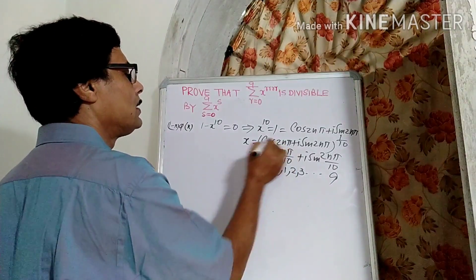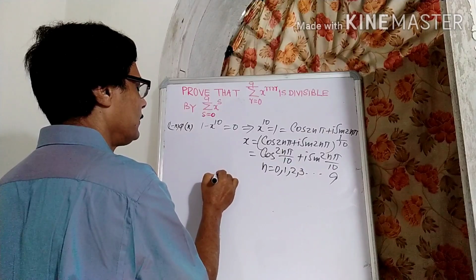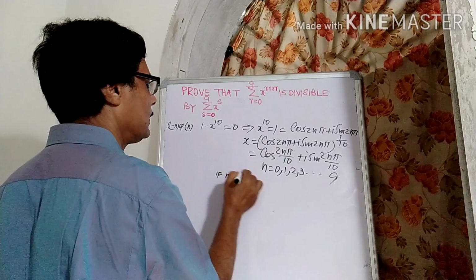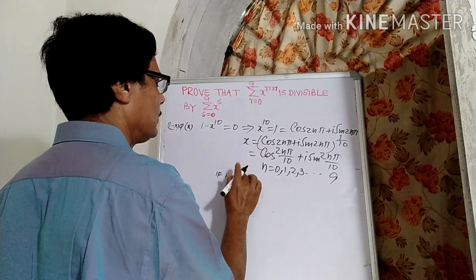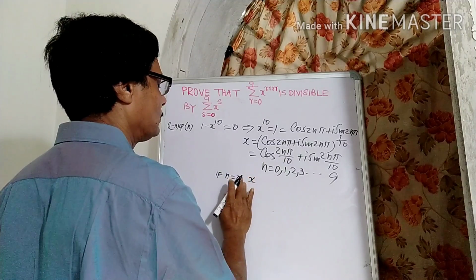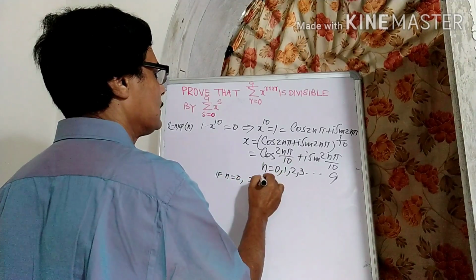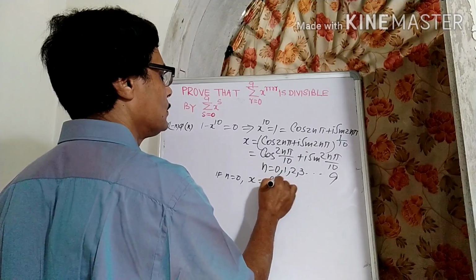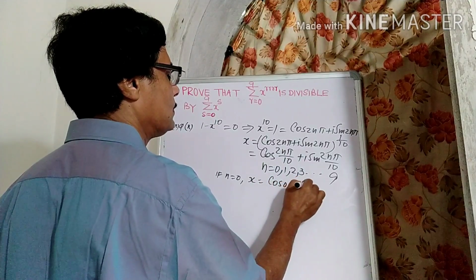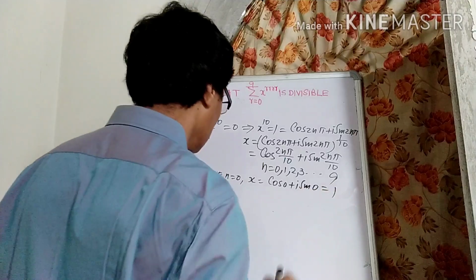If we put n equal to 0, then x equal to cos 0 plus i sin 0, that is 1.